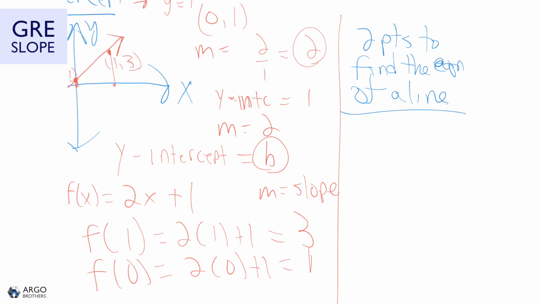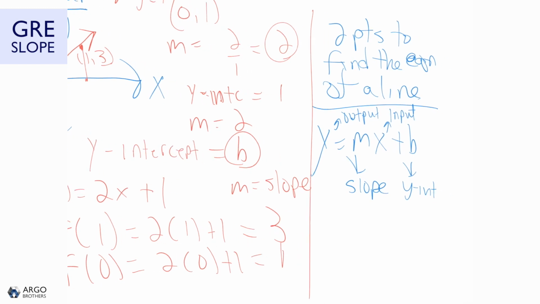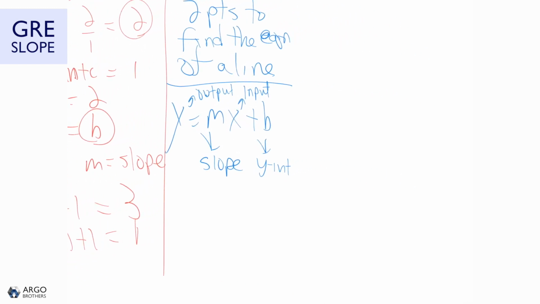So the general form of the equation of a line would be y equals mx plus b. b is the y-intercept, m is the slope, and x and y are the two variables. y is the output, and x is the input. So you can think of y as also f of x if you want to. So great, y equals mx plus b. That has a ring to it, so you need to memorize that.